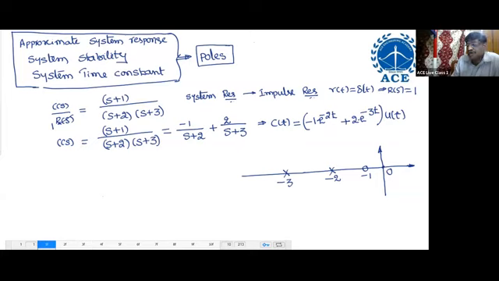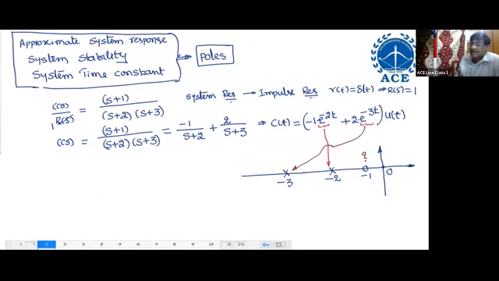Now observe, we got e power minus 2t because the pole is at minus 2. We got e power minus 3t because the pole is at minus 3. So that means we got a term for each pole. Where is the term for the zero?